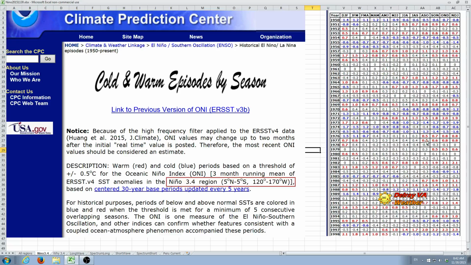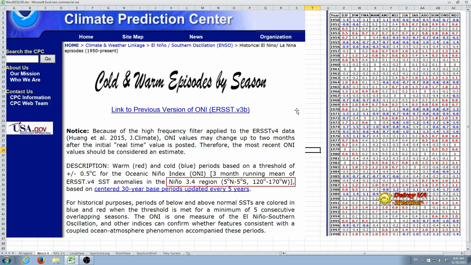This is what a lot of people use. It shows the deviation from the normal temperatures for a given month, and it's a 3-month moving average. So this column would have December, January, February cumulative amounts and the deviations they are, and so on across for the different calendar years down this way.